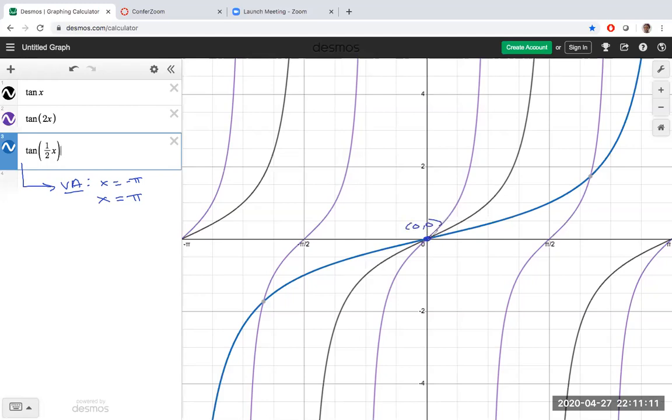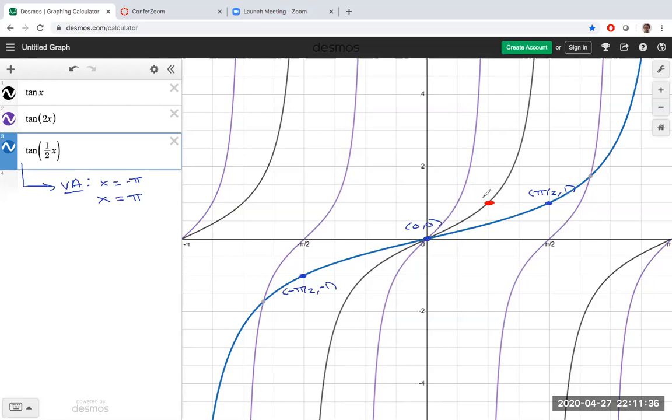And then I have negative pi over 2, negative 1, sorry, negative 1. And then I have pi over 2, 1. So these are essentially the points. So this is the point on the main parent that gets shifted.